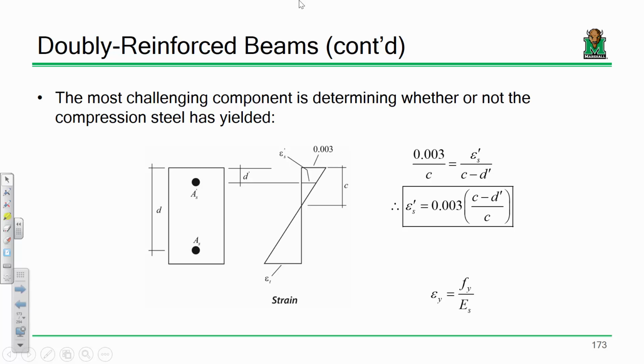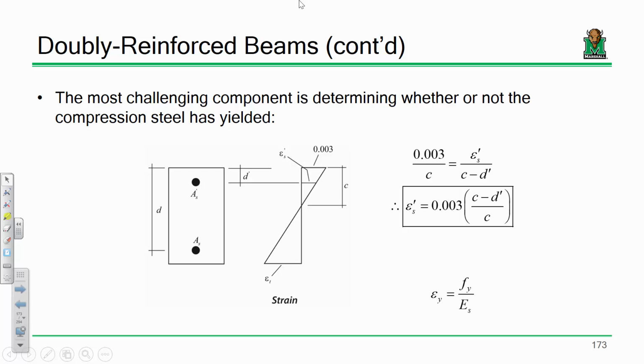We do it based off of C equals T. So we need to determine compressive forces in the concrete, compressive forces in that upper layer of steel, and a tensile force in the lower area of steel, and C has got to equal T. Fair statement?